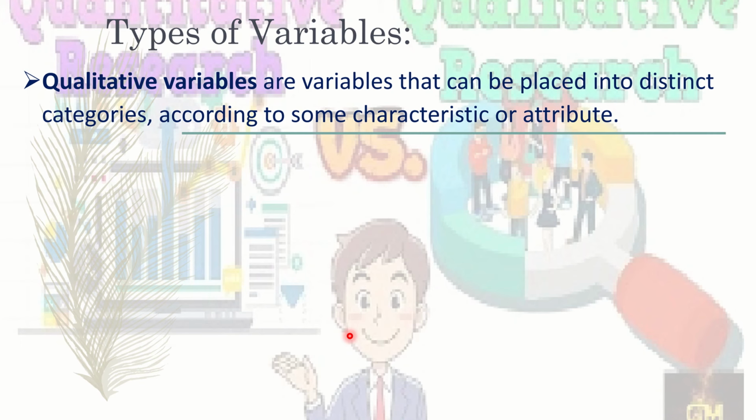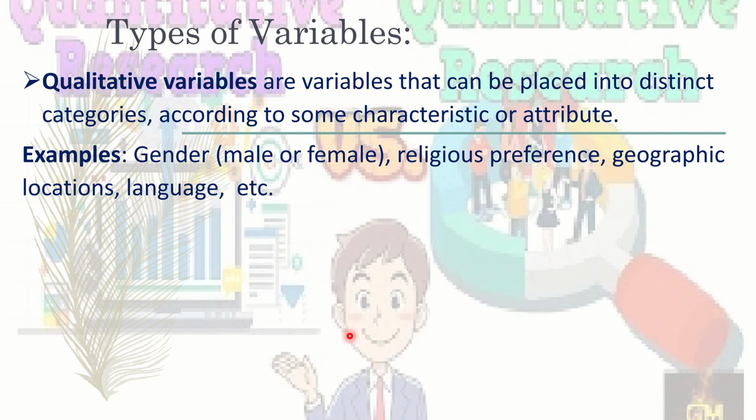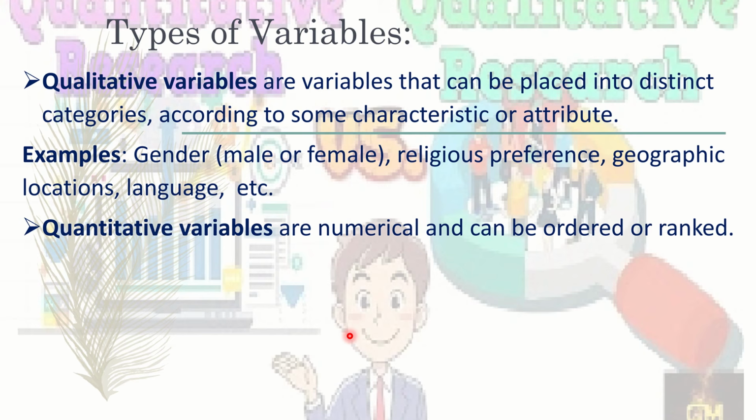Those attributes could be the color, the gender, religious preferences, language, favorite subject, favorite sports, etc. So we can do that classification through specific characteristics.